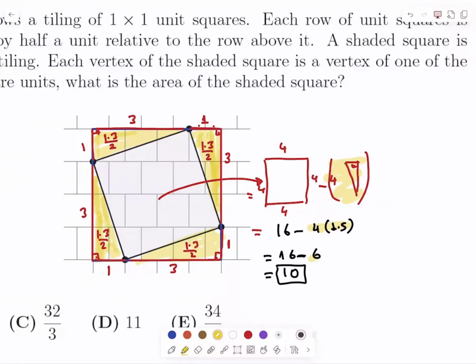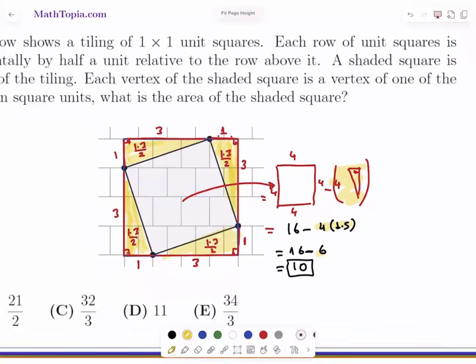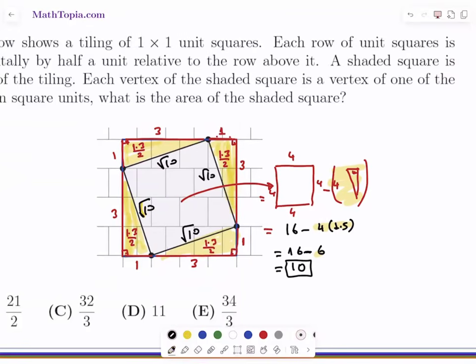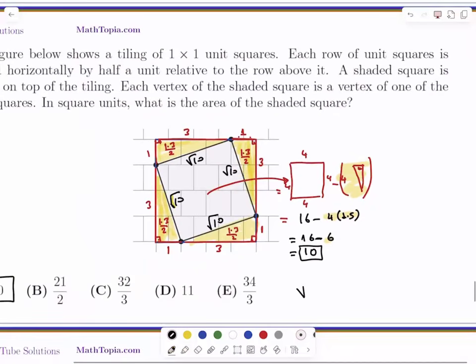I think that's a good solution, because you could also use coordinate geometry, or you could use the Pythagorean theorem. Using the Pythagorean theorem, you get root 10 for each side, and root 10 times root 10 is root 100, which is still 10, right?